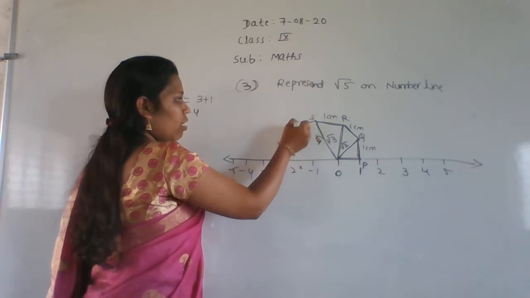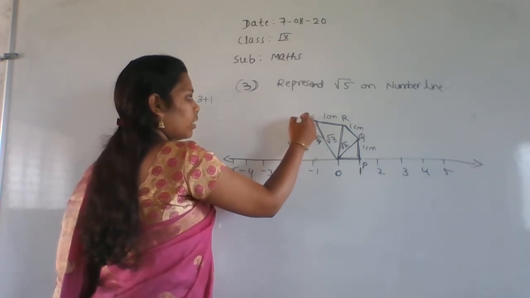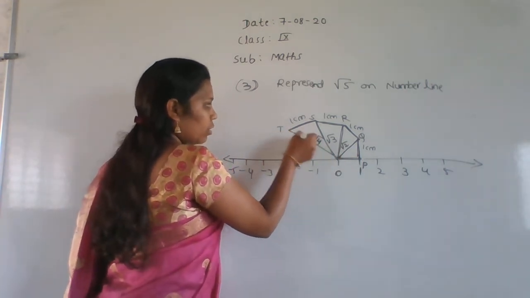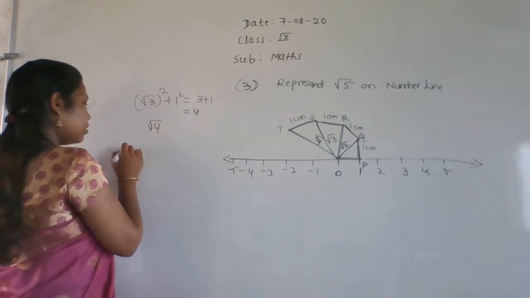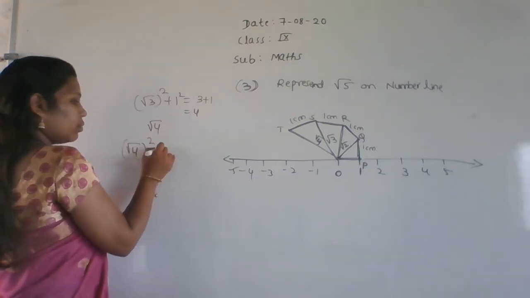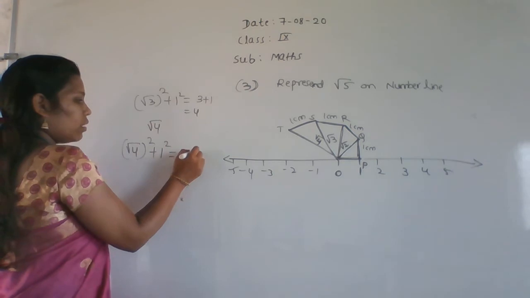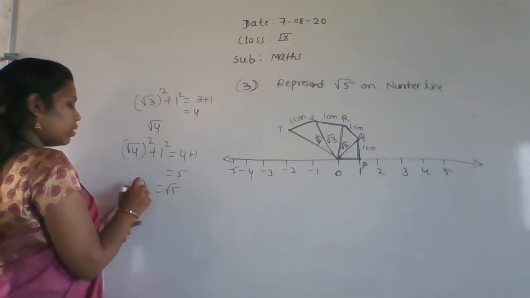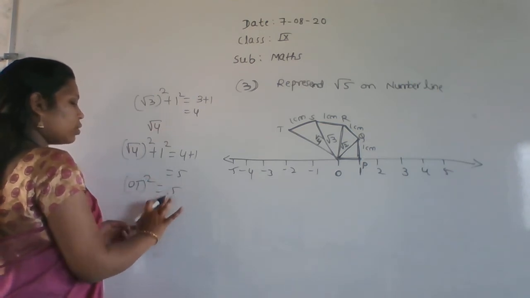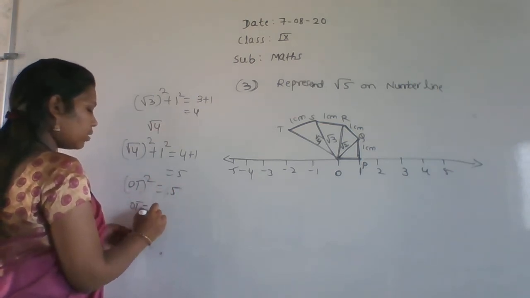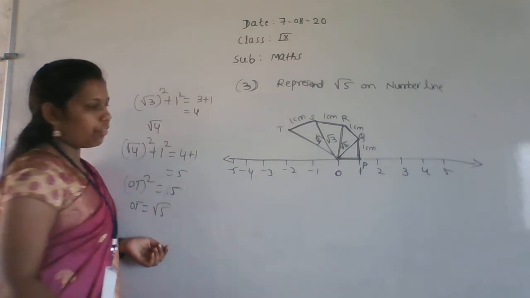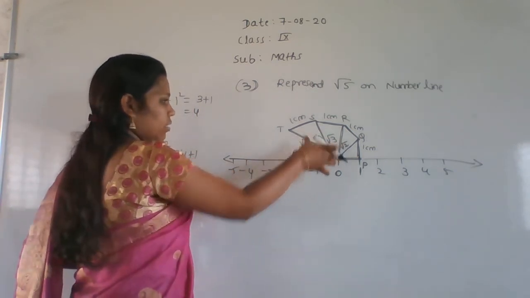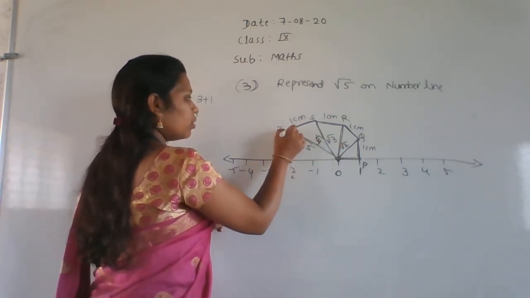So next again draw 1 centimeter here, that is T I am giving. Again join O and T. So value of this is root 4 square plus 1 square, that is 4 plus 1, that is 5, and it is nothing but root 5 because here OT square is there, right? So OT square is 5 and OT will be root 5.